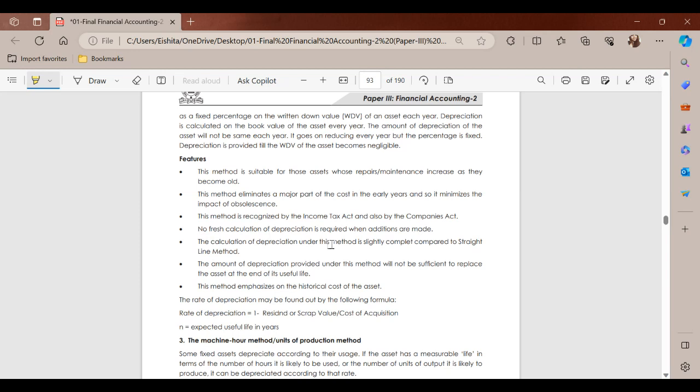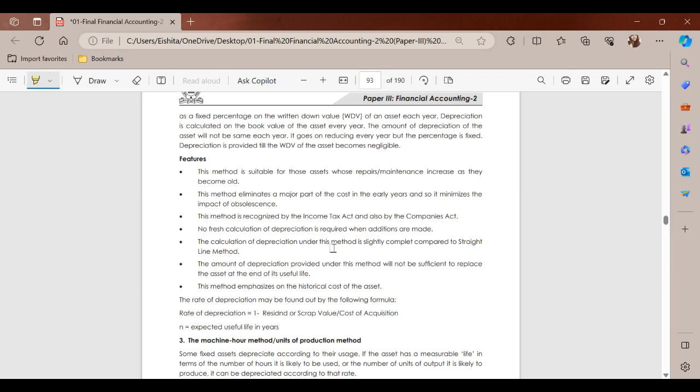The method eliminates a major part of the cost in the early years. So in the starting of years, the depreciation is the highest. But day by day, as it becomes old, the depreciation comes less. So it minimizes the impact of obsolescence. This method is recognized by income tax and by Companies Act. So both the income tax and the Companies Act recognize this method.